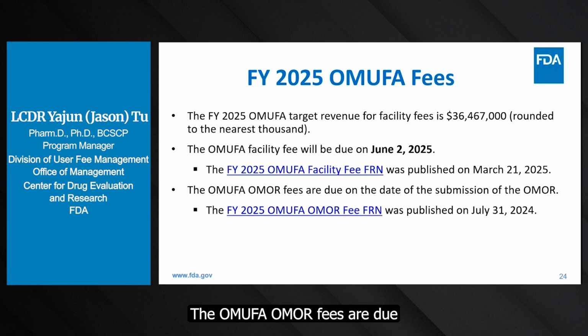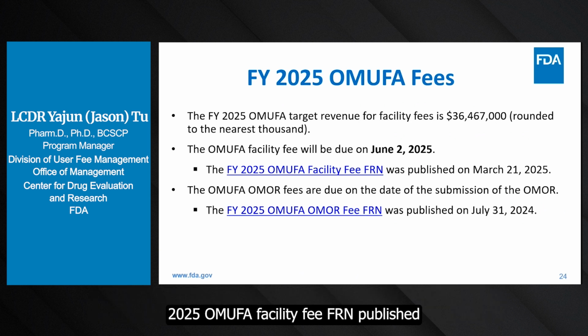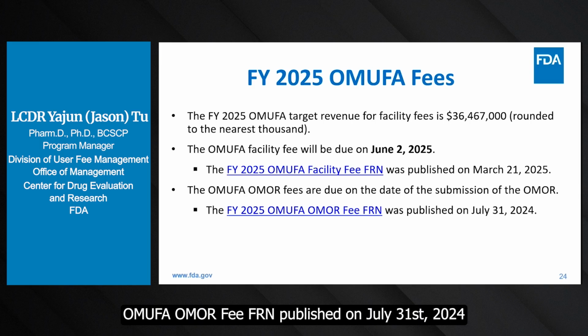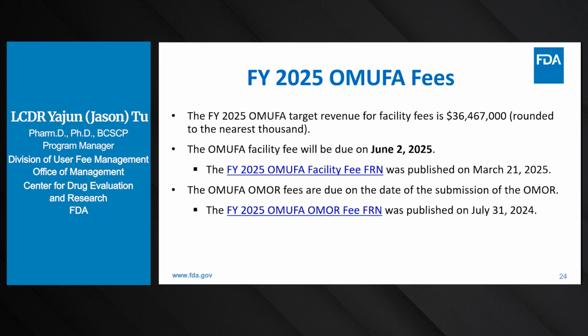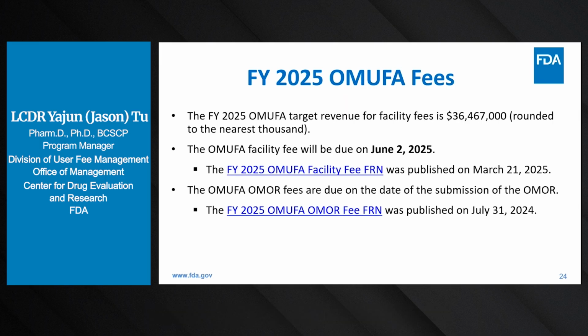The OMUFA OMOR fees are due on the date of the submission of the OMOR. Please refer to the fiscal year 2025 OMUFA facility fee FRN published on March 21st, 2025, and the fiscal year 2025 OMUFA OMOR fee FRN published on July 31st, 2024, for details on fee requirements and fee rates.